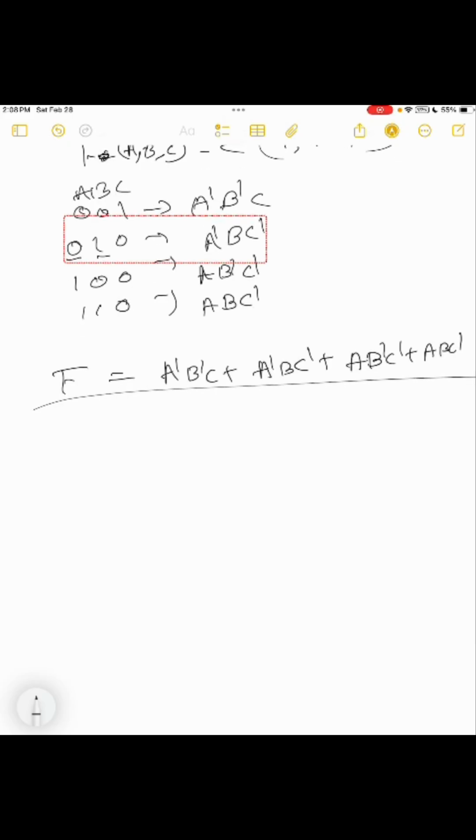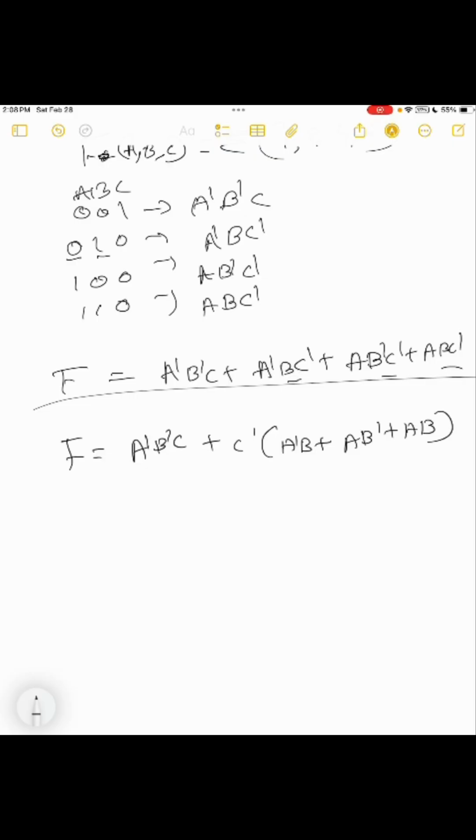For the standard SOP, we simplify the whole expression. I'm taking the C dash out, so inside it will be A dash B plus A B dash plus A B. Now simplifying further, I'm taking the A out from here, leaving B plus B dash.